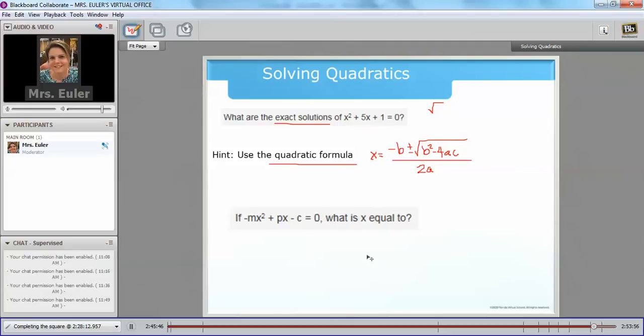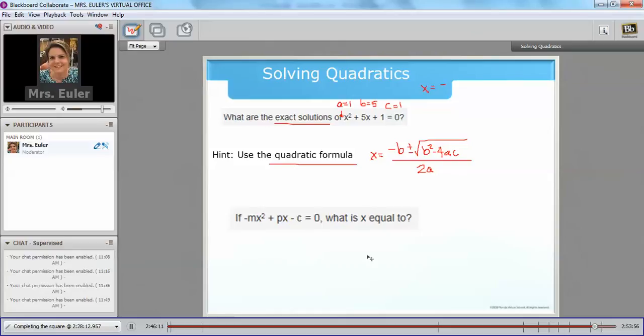In this case, a equals 1, it's the number in front of the x squared. b equals 5. c equals 1. And so we plug in those values. x equals negative b means I'm changing the sign.